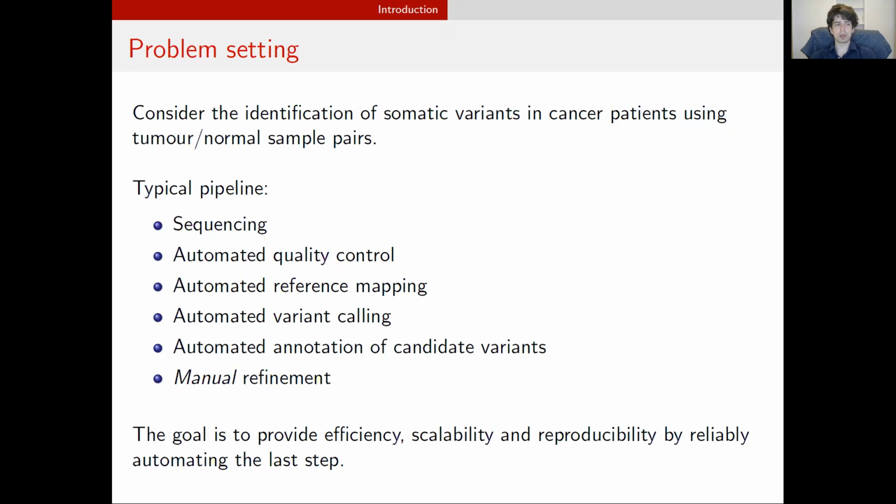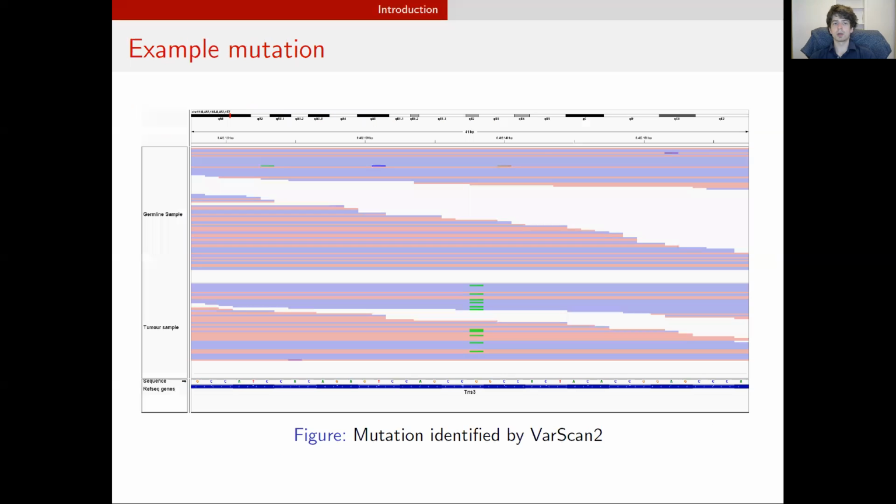And so the goal is to automate this step because, as you can imagine, as is, it's a bottleneck time-wise and also not very reproducible. And so we'll see this is indeed possible. For example, this would be a typical mutation. Right, so we have a clean sequence context, nothing to concern us.